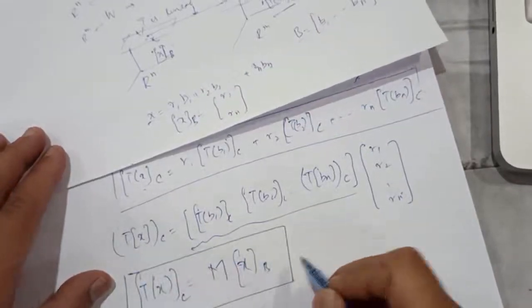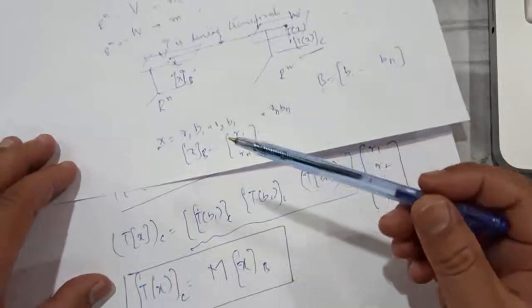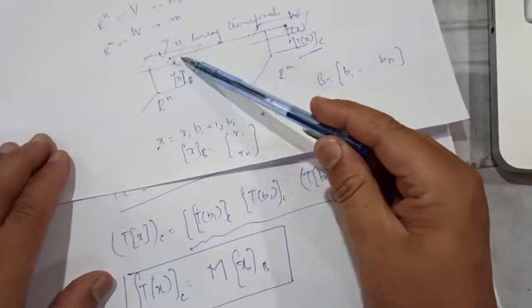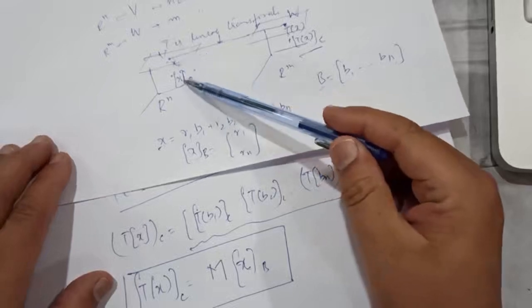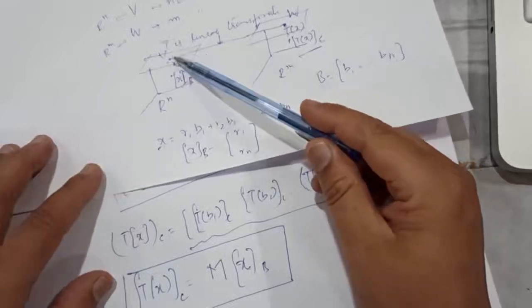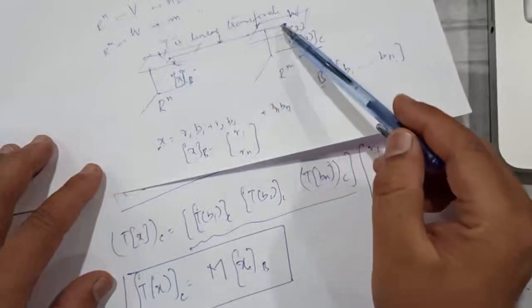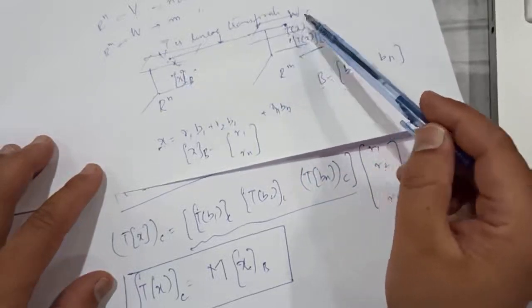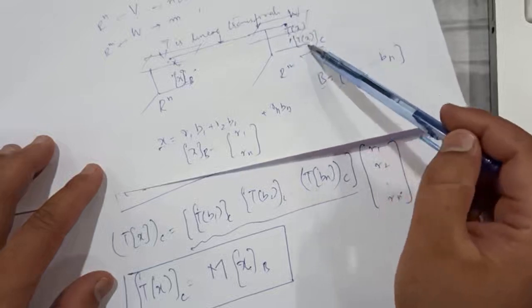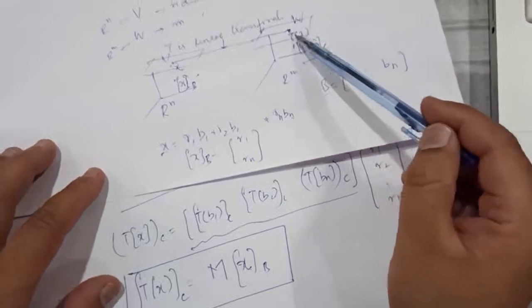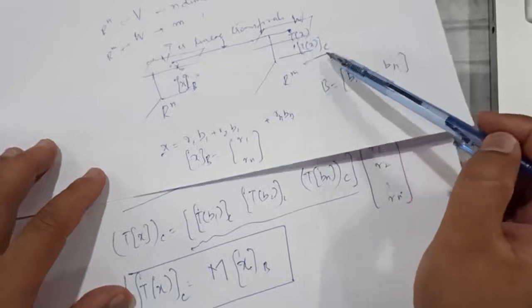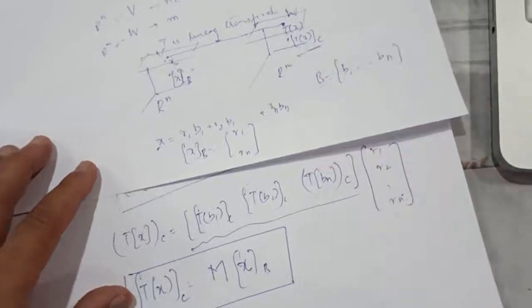This is a transformation where any point in V, which is x, is first represented in terms of the basis of V, and then it has to be transformed to T of x, and that resulting point has to be represented in terms of the basis of that vector space, which is C, right?